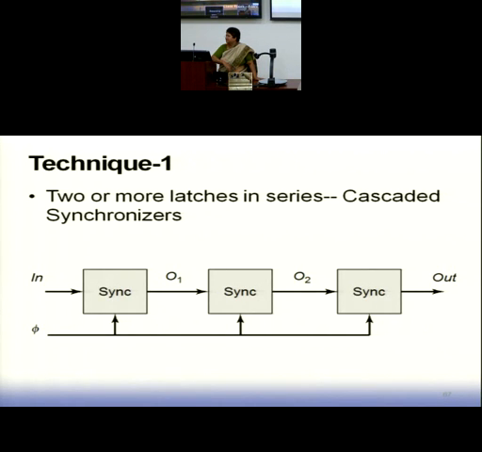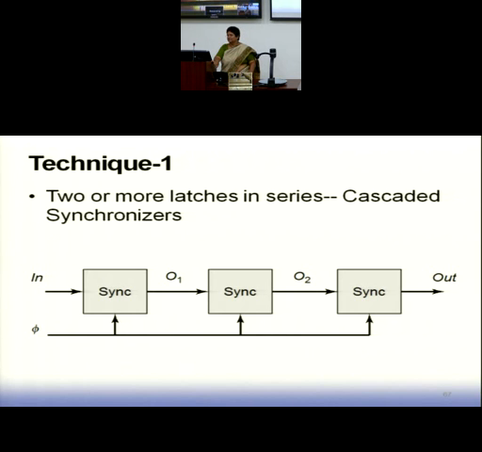So here you have the example of cascaded synchronizers. The very first crude idea that you get in your mind is based on increasing the resolving time. You have a design of cascaded synchronizers, that is multi-stage. So I have a D latch, a second latch, and so on, a 5-stage synchronizer.